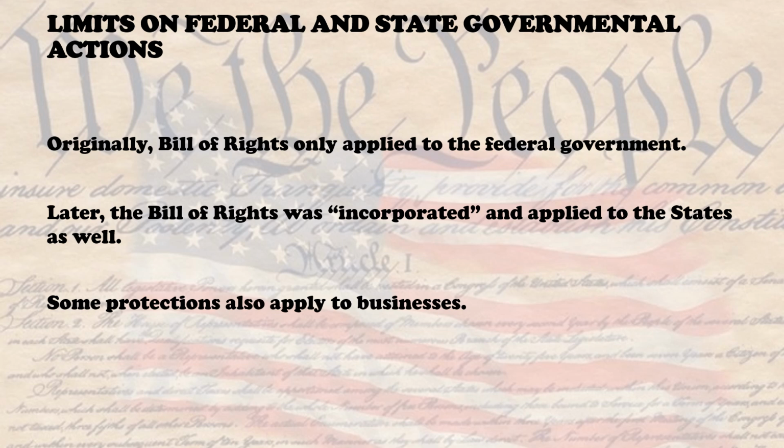Now, most of the protections do apply to businesses, right? Why? Basically, there are three forms of business ownership: sole proprietorships, where the owner is the business; partnerships, where two or more people come together to form a business, and once again, the business is the partners; and corporations. And a corporation is an artificial person, right, with many of the rights of a natural person.